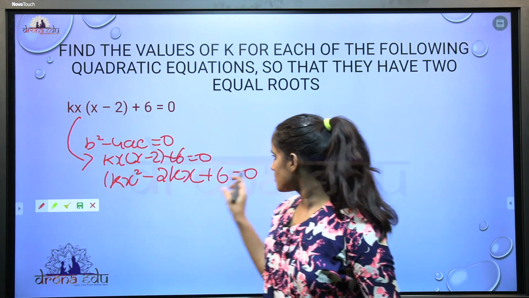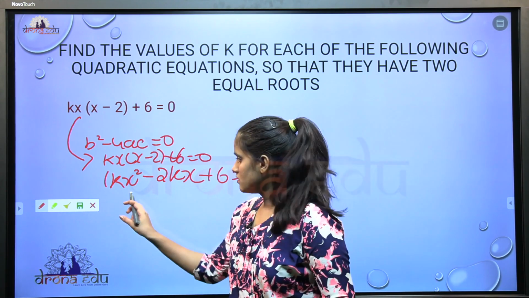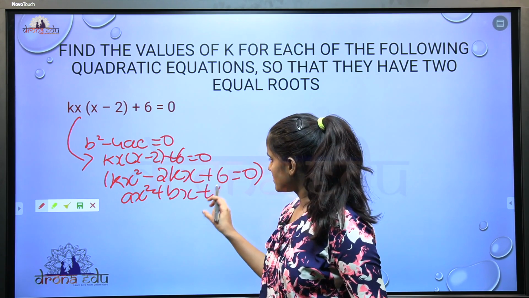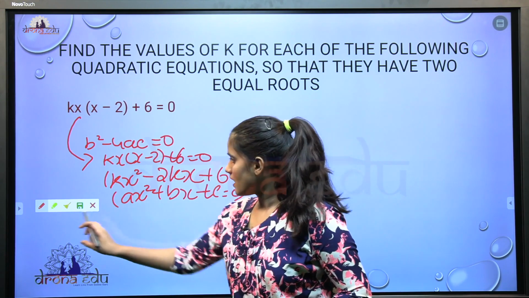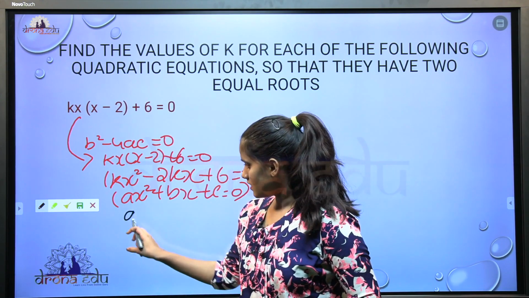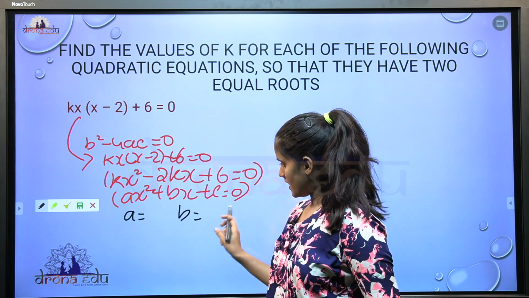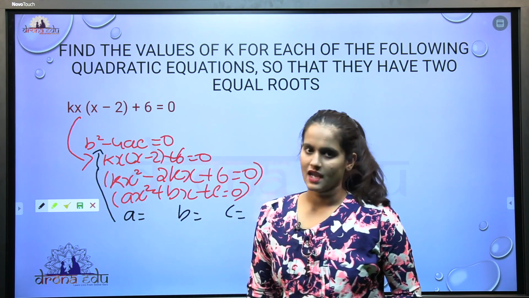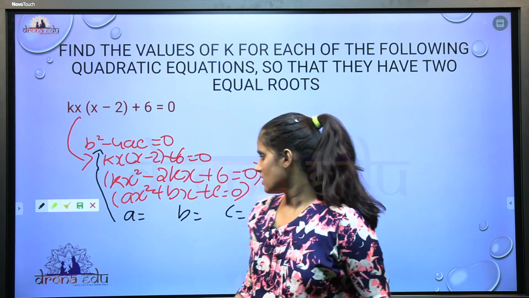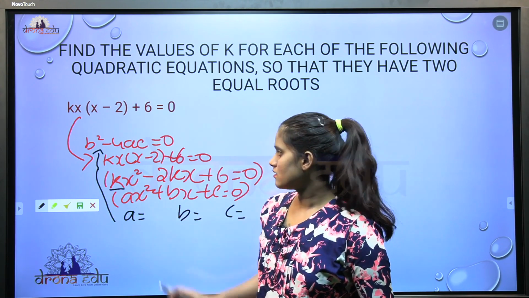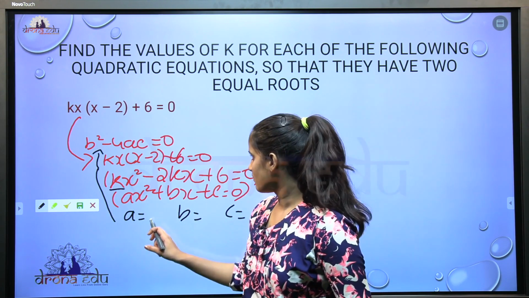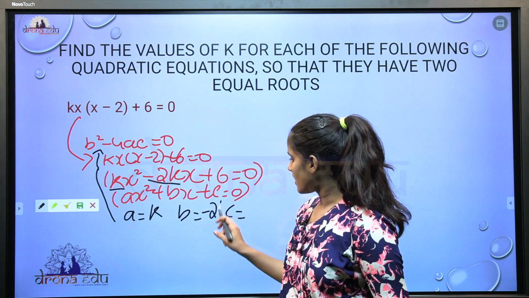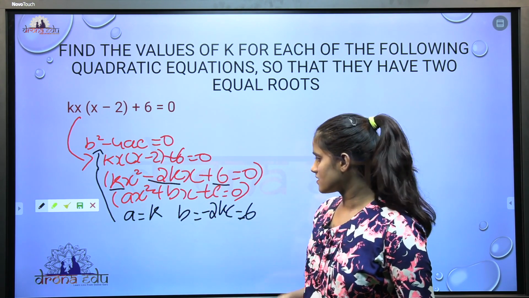It is of the form ax square plus bx plus c equals 0. So a is k, b is minus 2k and c is 6.